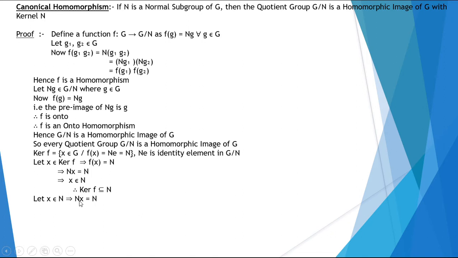So we can write f of x equal to capital N. That is, the image of x with respect to f is the identity element in G by N. So x belongs to kernel f.